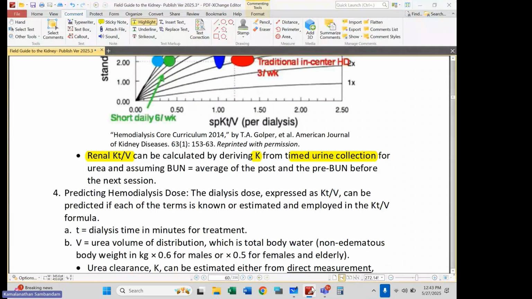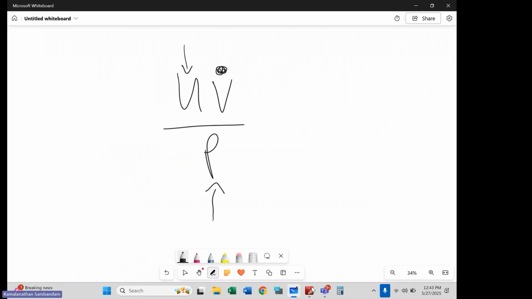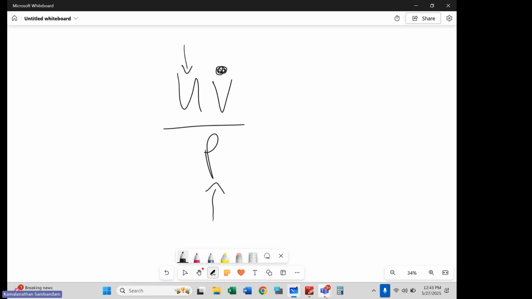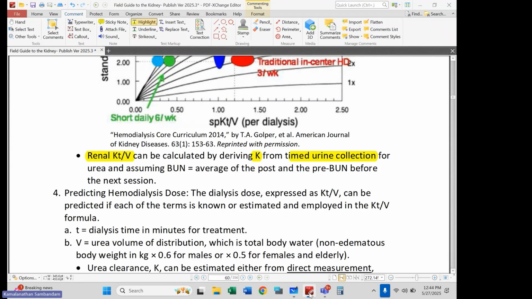And then for your plasma urea concentration, because this patient is dynamic, right? Their urea concentration may be changing over time during that period of the 24-hour urine collection. You might use an average of the urea concentration at the start and finish of that urine collection.